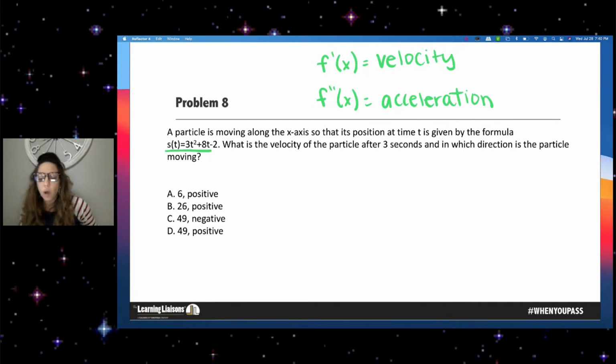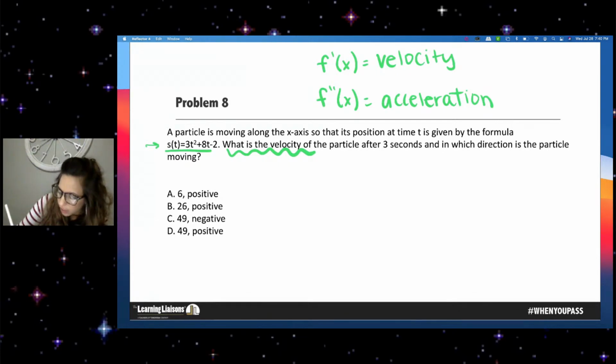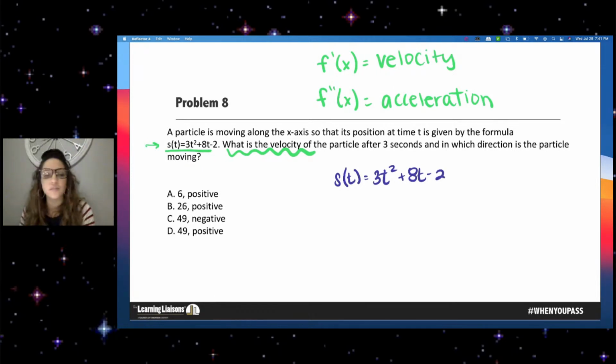All right, so if it's asking for the velocity, we need to find the first derivative of this function. So S of t equals 3t squared plus 8t minus 2. Finding the derivative of this is very easy. It's a very straightforward derivative.